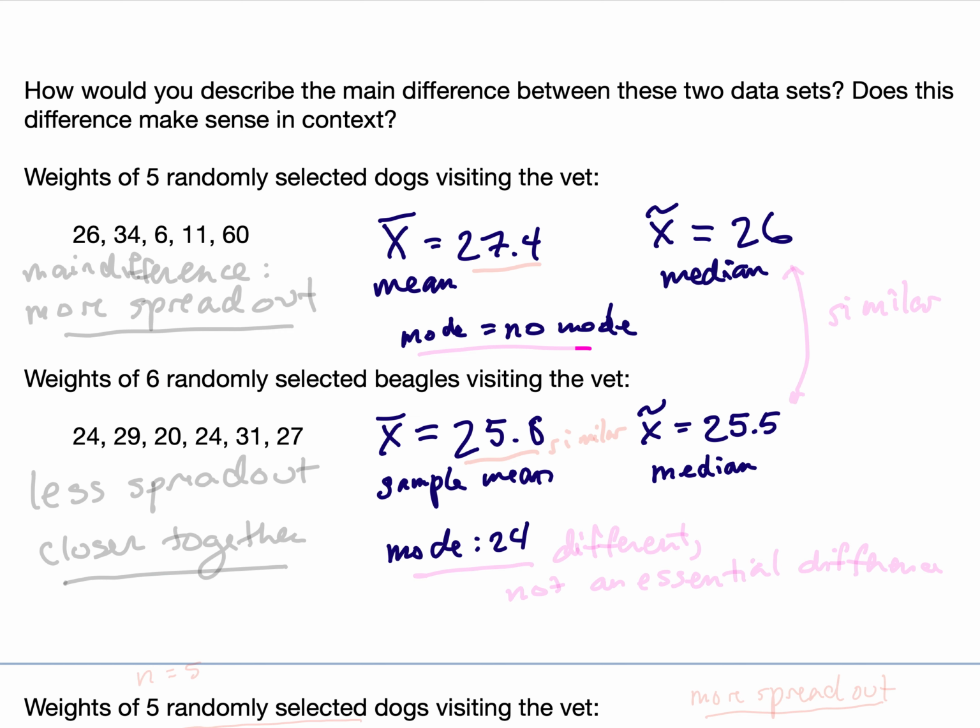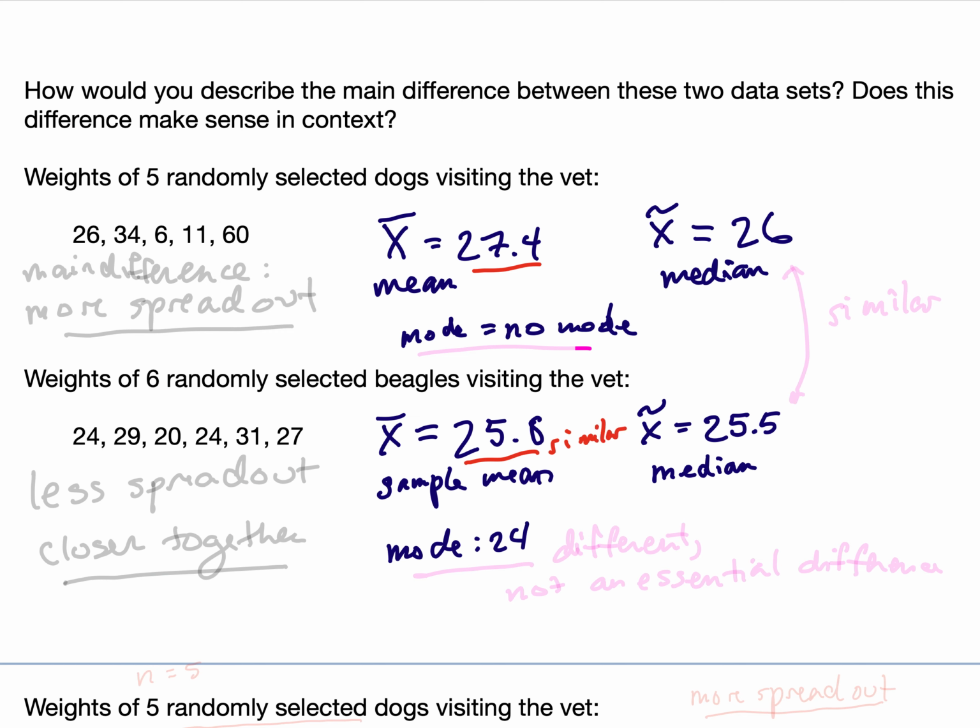Okay, so looking at these measures of center, I would say that this is not the main difference between these two data sets. This is not what makes these data sets clearly different from one another. When I compare the two means of 27.4 and 25.8, these are pretty similar.